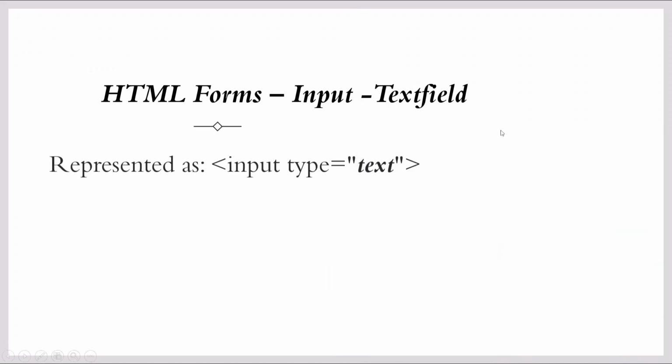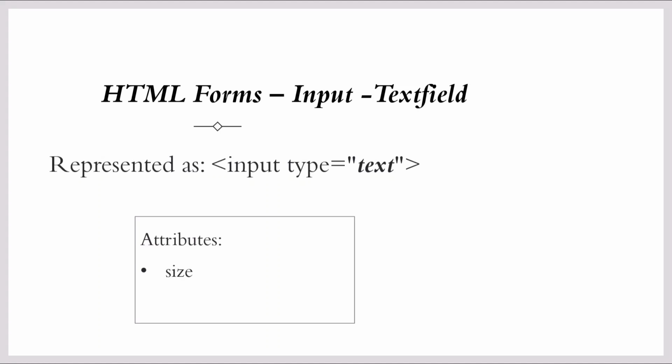But you can increase, decrease, or even restrict the width of the text input fields. Use size attribute in input element for type equal to text to increase or decrease the width of the text input fields, and use max attribute to restrict the size of the text box.